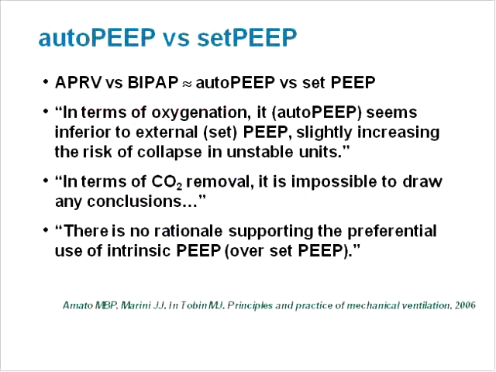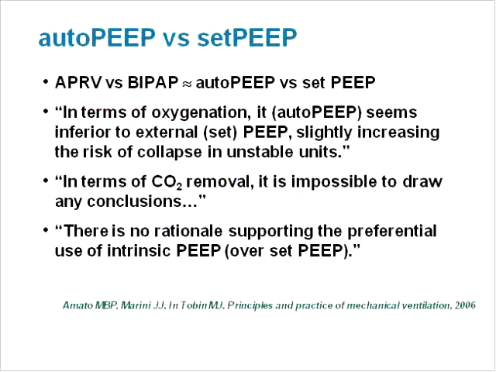The difference between APRV and BiPAP is largely a matter of whether auto PEEP is or is not better than set PEEP in terms of oxygenation and ventilation. Perhaps the best analysis of available data has been written by Amato and Marini in Tobin's book, Principles and Practice of Mechanical Ventilation, 2nd edition.